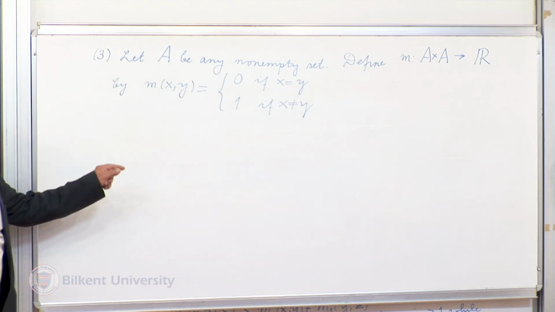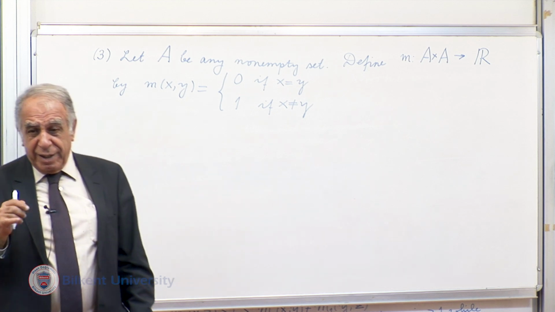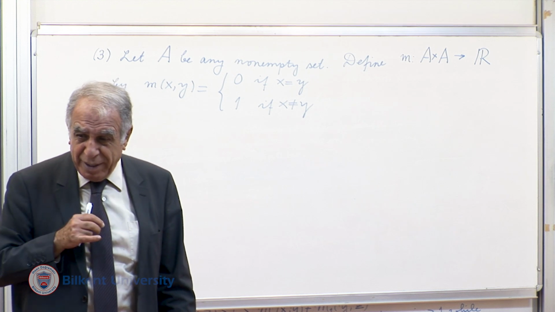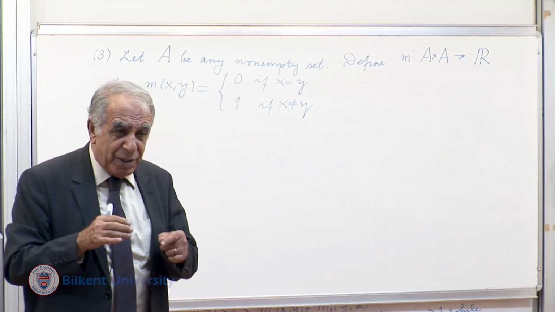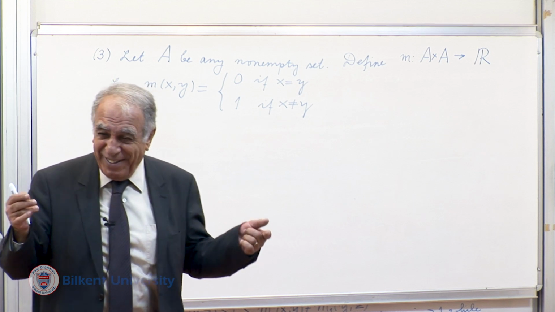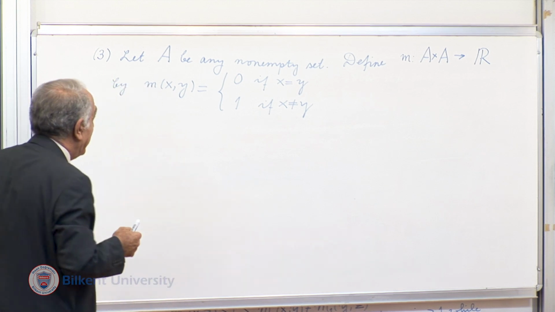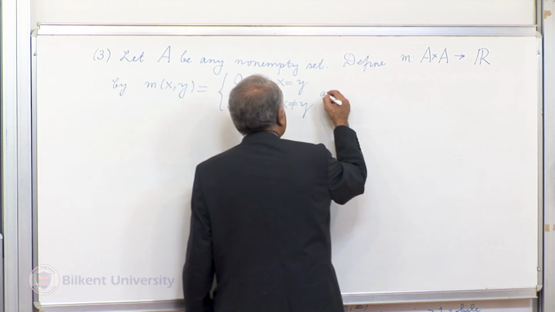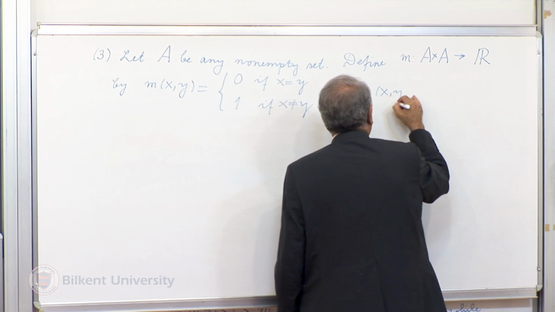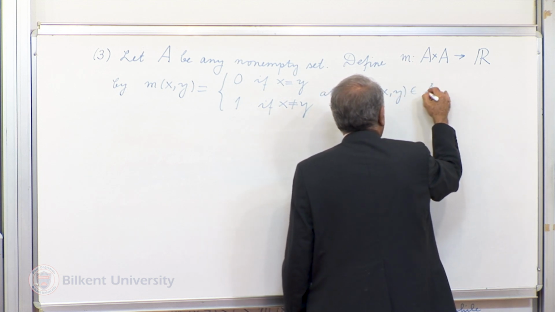This is in fact an exaggeration of the approach of some of the primitive tribes. If they're the same, no distance. If they're different, there is a distance. So it's just binary logic at each (x,y) in A cross A.